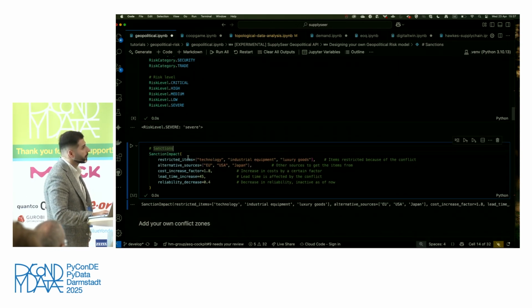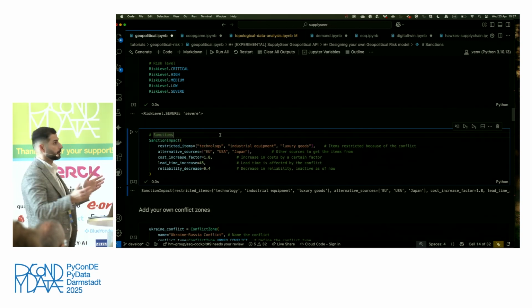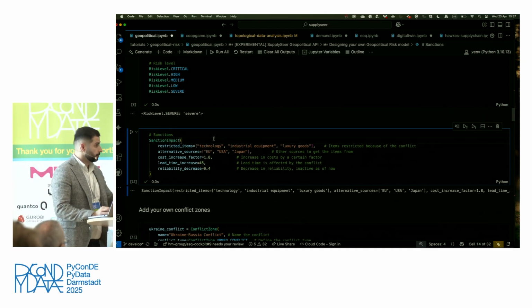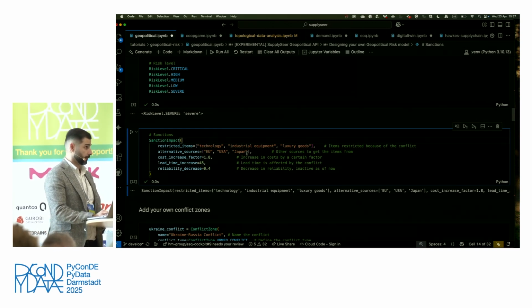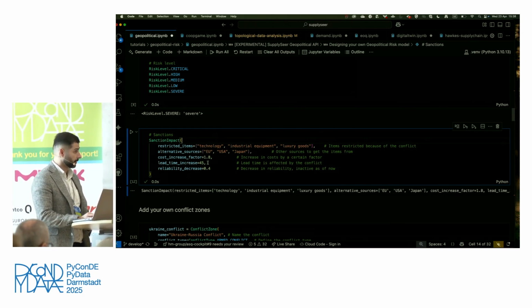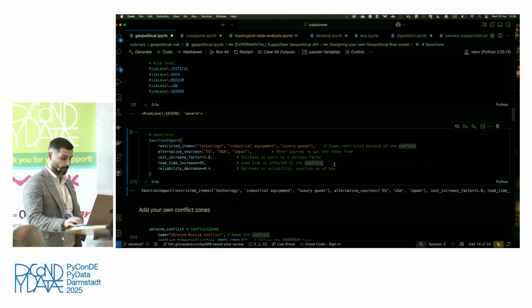Okay, sanctions. This is for you to do your own, right? You can add sanction impact, which type of items, alternative sources, the cost increase factor, lead time increase, reliability decrease, and you see the comments here explain what it does.